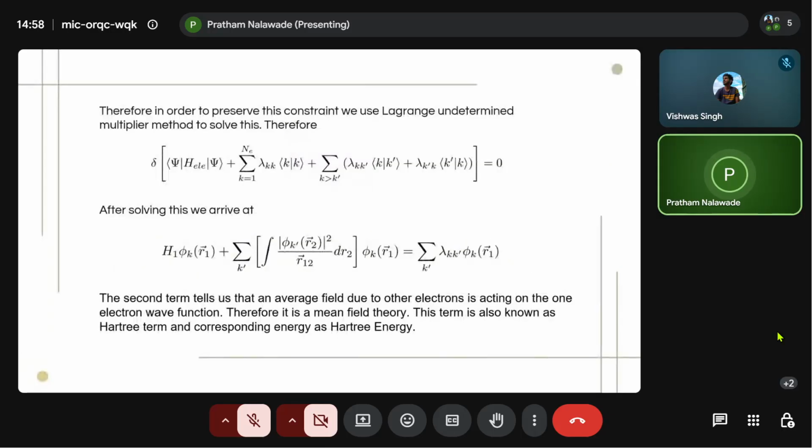Okay, so the problem here is that it is not yet complete, because the wave function we started with was not antisymmetric. But we know that when we consider more electrons, the total wave function should be antisymmetric. So you have to improve on this.